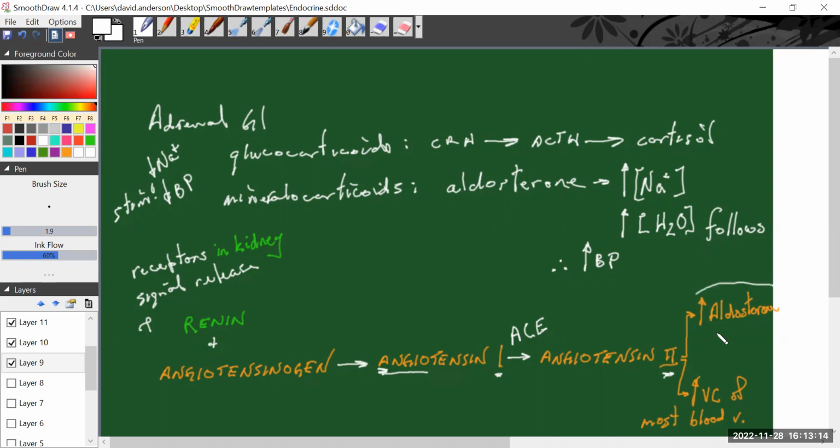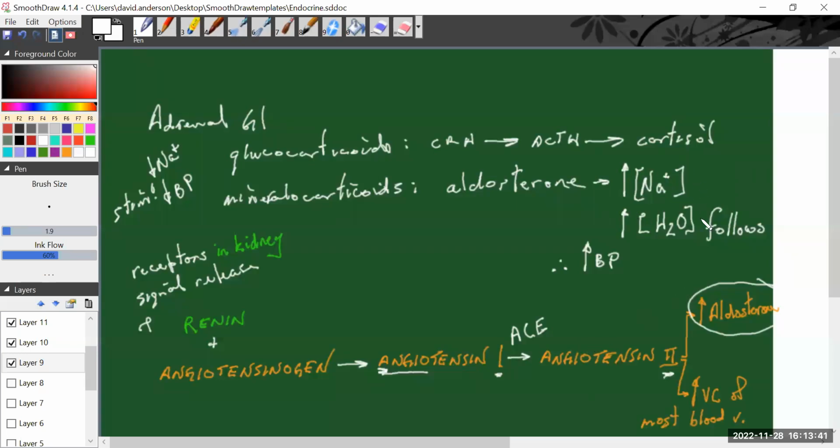Now, if we're going to increase aldosterone, and we know that aldosterone increases sodium concentration, and water will follow, we know those two things increase blood pressure. What did we say started all of this? A decrease in blood pressure. Stimulated renin to combine with angiotensinogen, angiotensin 1, angiotensin 2, increased aldosterone.